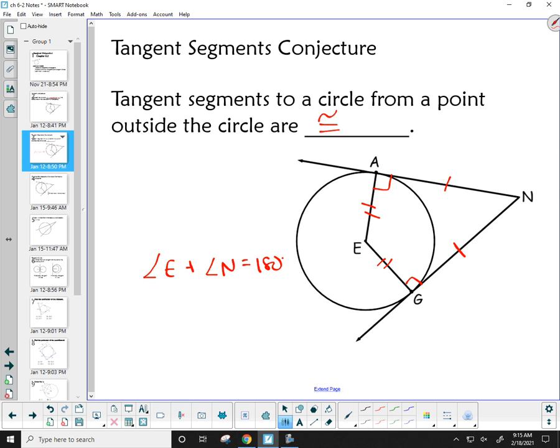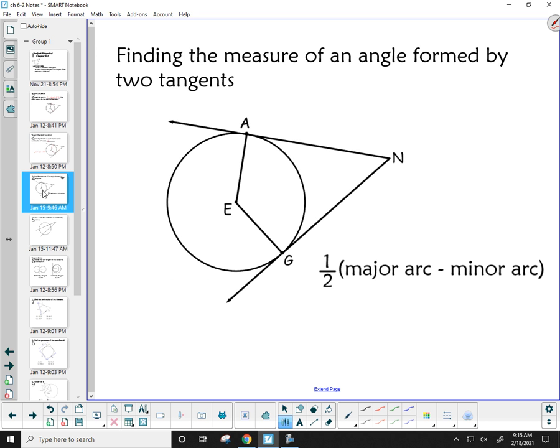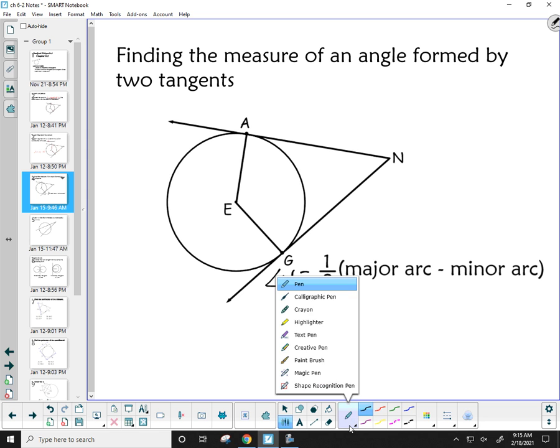Now, we have a formula. If I want to find the measure of angle N, the formula that's commonly used is 1/2 of the major arc minus the minor arc. So these two tangent lines intersect my circle, and they divide it into two parts.